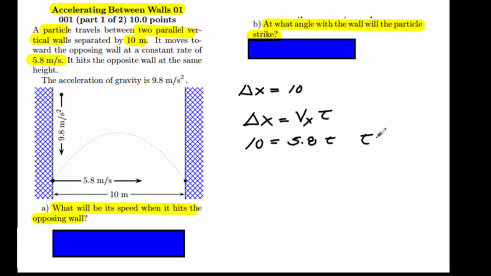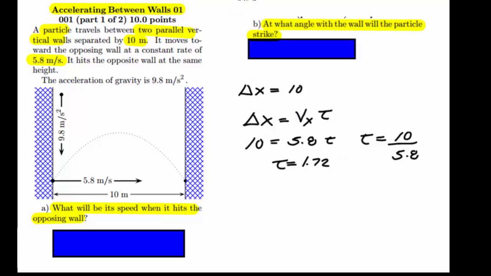So t equals 10 divided by 5.8. 10 divided by 5.8 gives you 1.72 seconds. So the time will equal 1.72 seconds.